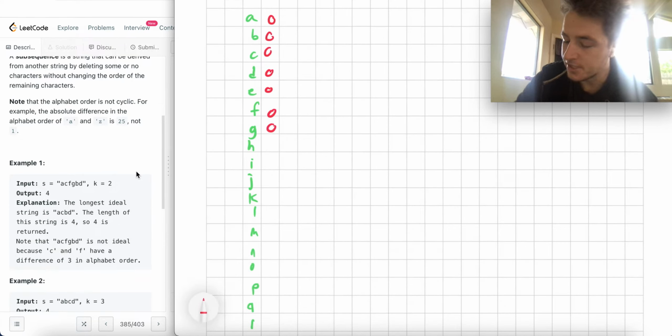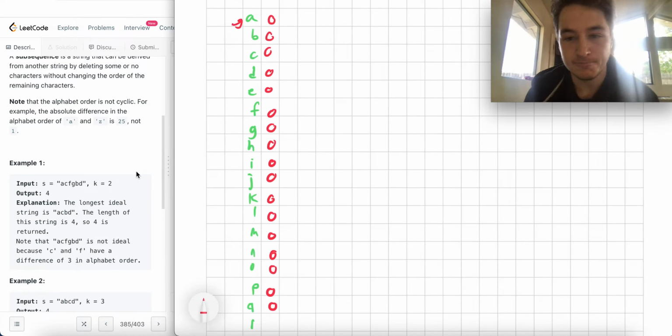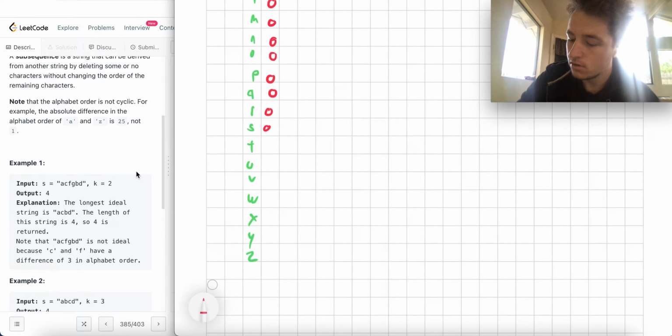What this array is essentially going to be is the longest subsequence that ends with this letter. And why are we doing that?